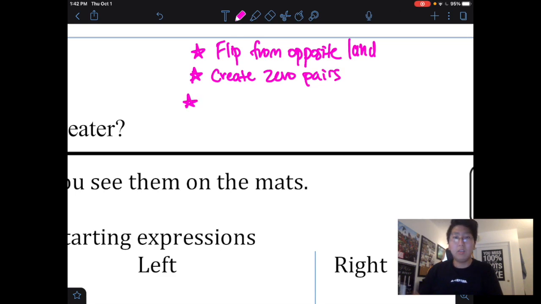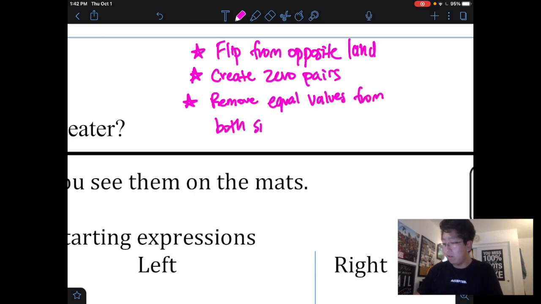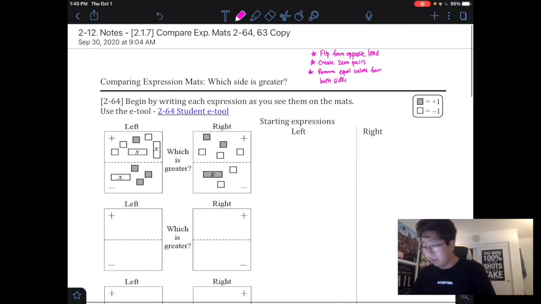And last, you're allowed to remove equal values from both sides. All right, so these are the things we're allowed to do with expression mats when we want to simplify. And once we do all of these things, we should be able to compare which one's greater, the left or the right. Okay, so let's go ahead and take a look.